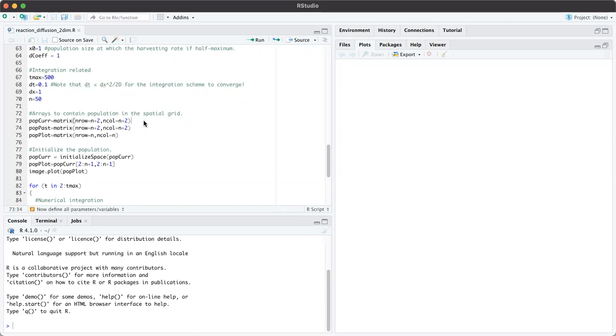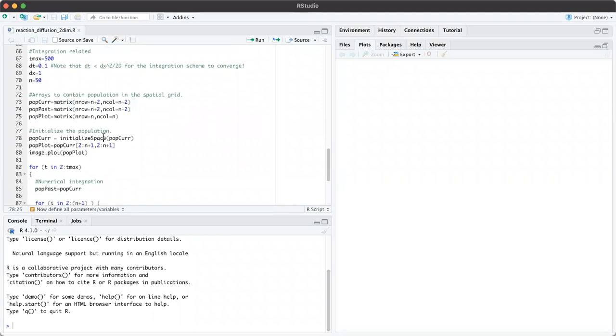Think of them as extra patching or padding in the numerical solution scheme, so that I can do the periodic boundary condition in an efficient way. If you don't understand, it's okay. Don't bother too much right now. And then I have defined past value, current value, and something for the plotting. So we have done all these things.